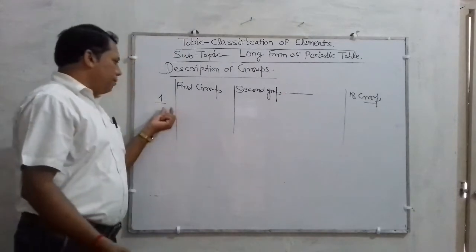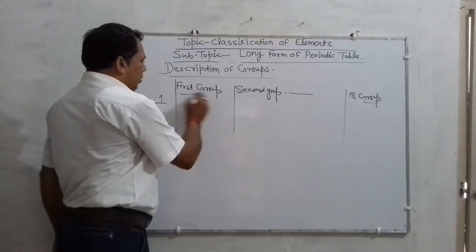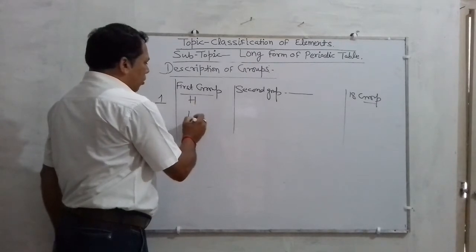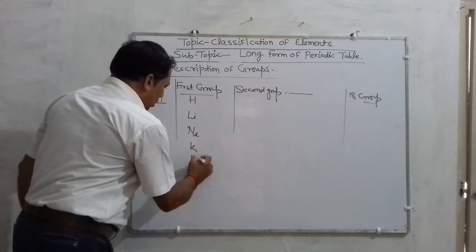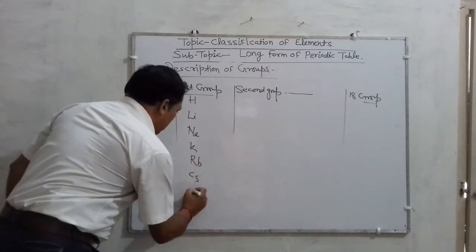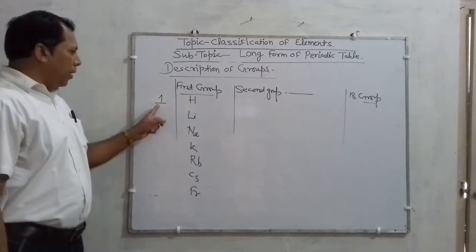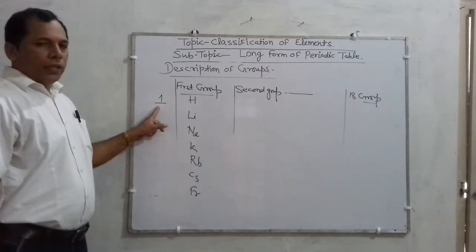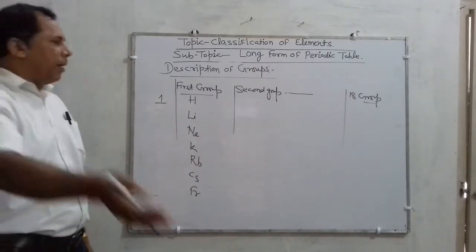This can be explained by taking the elements of the first group: hydrogen, lithium, sodium, potassium, rubidium, cesium and francium. The meaning behind this first point is that they have the same number of valence electrons.